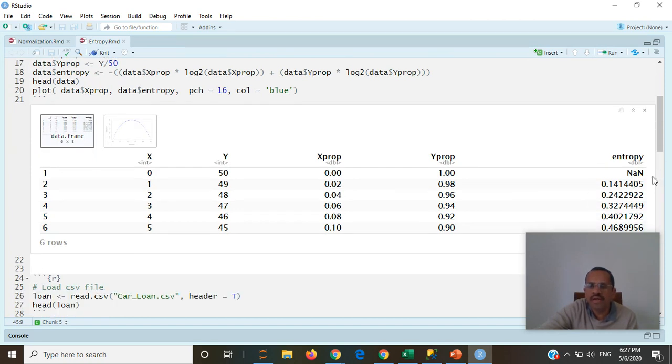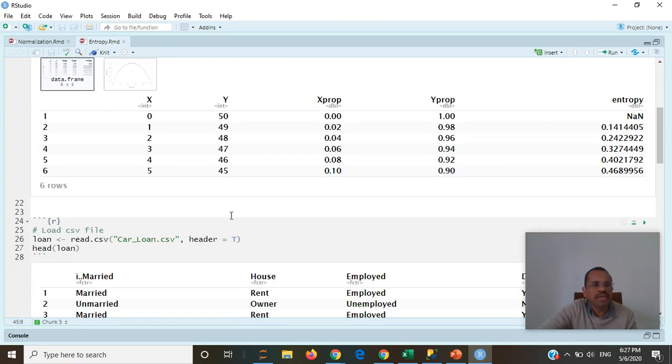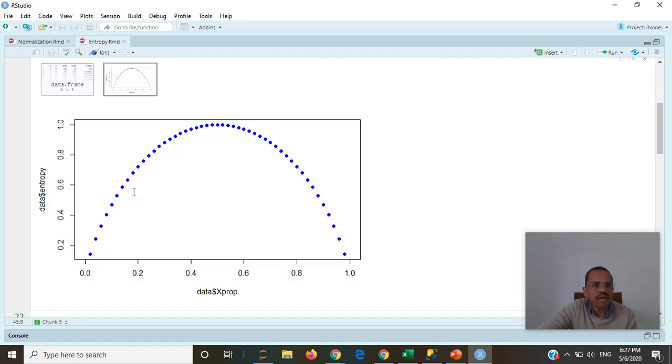I calculated entropy for all values or 50 rows, and then I created a graph. From this graph, we can see that if there is only one type of instance in that particular mixture, meaning only X are present, then the entropy is zero.